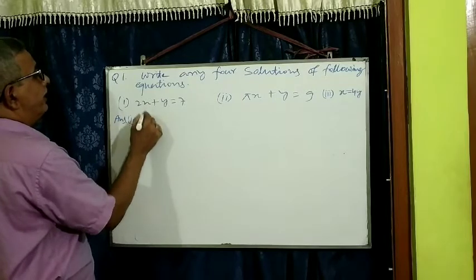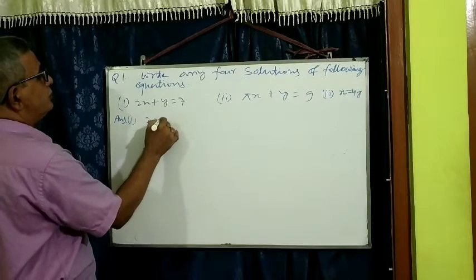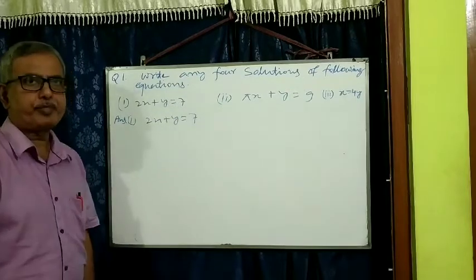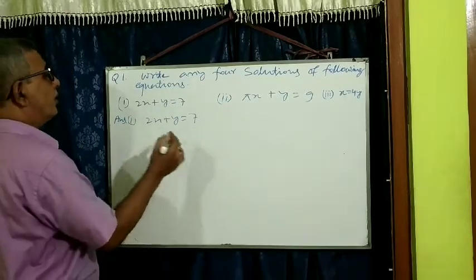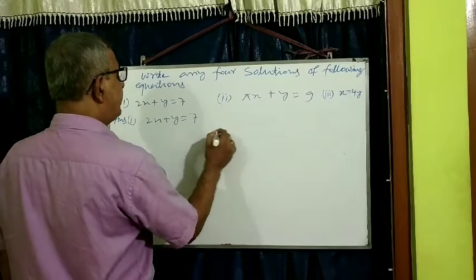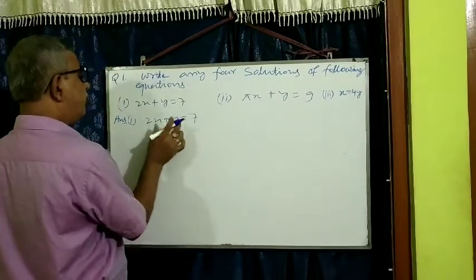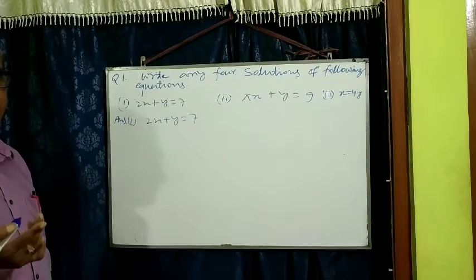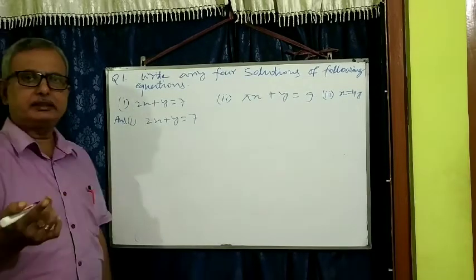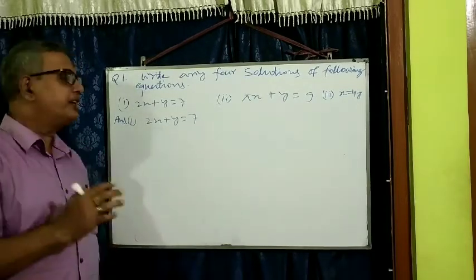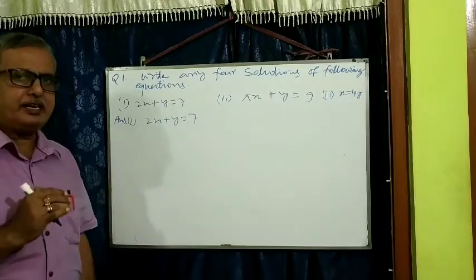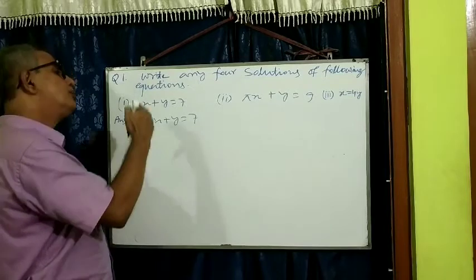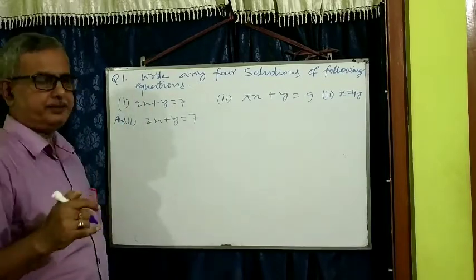Answer 1. Here what happened? 2x plus y is equal to 7 you are writing. In this case, you make one table here. First of all, you keep y variable, two variables are there. One is x, another is y. Better you keep y in the left hand side and the rest of the things you send it to the right hand side.